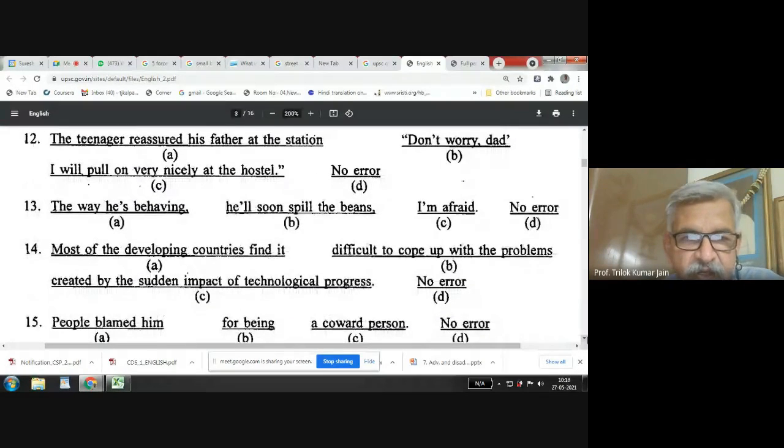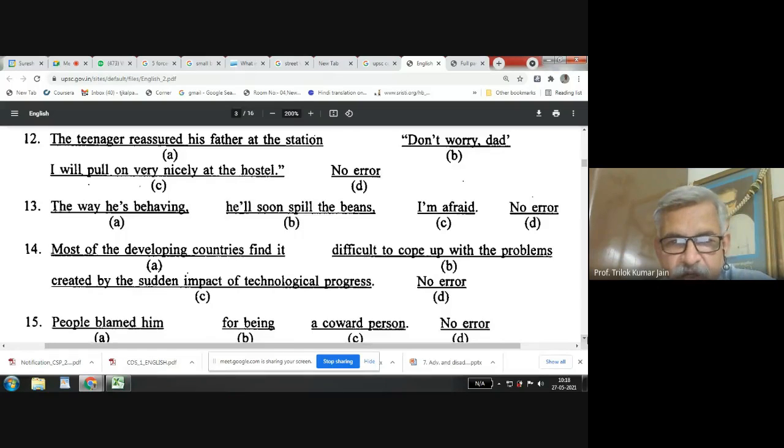The teenager reassured his father at the station, "Don't worry, Dad. I will pull on very nicely at the hostel." The teenager reassured his father at the station not to worry. "Don't worry, Dad" is also fine, but if you are using a running sentence, then it will become not to worry.